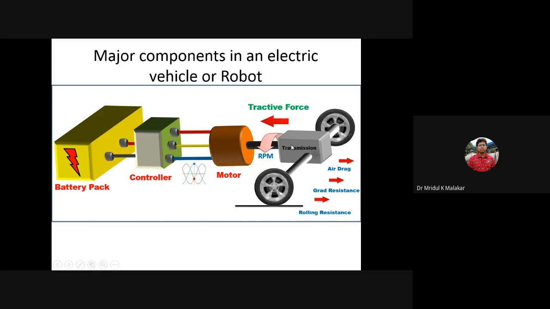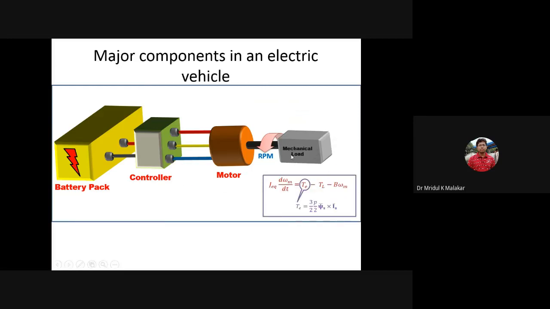So immediately I can summarize that this is a mechanical load.